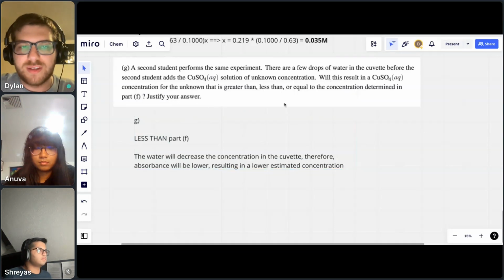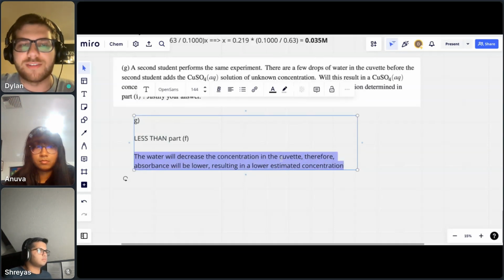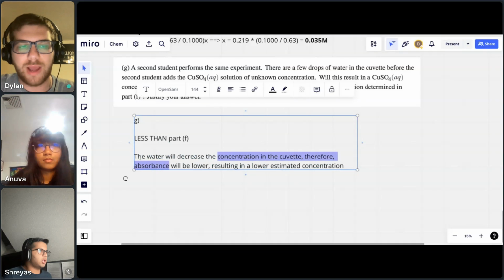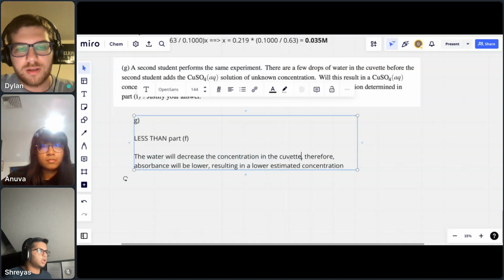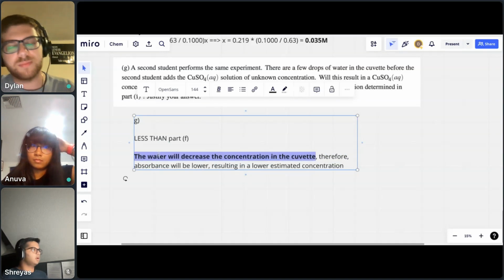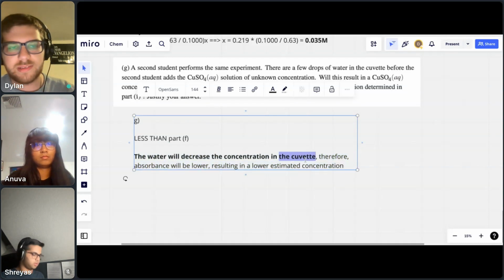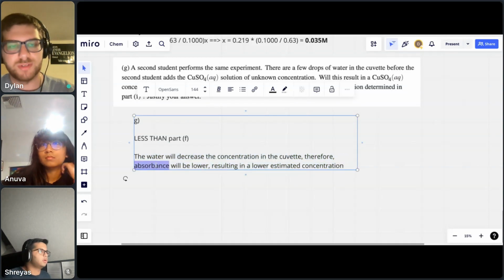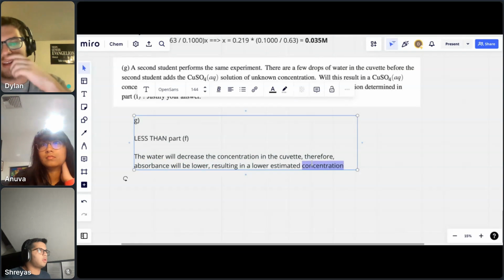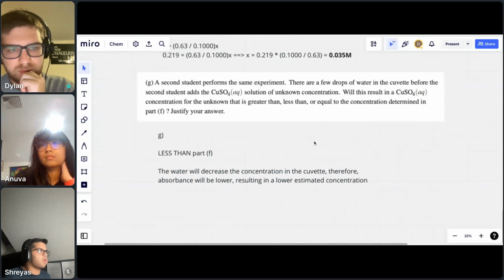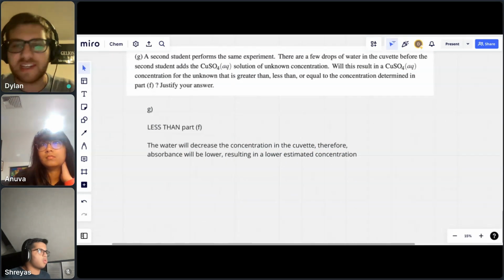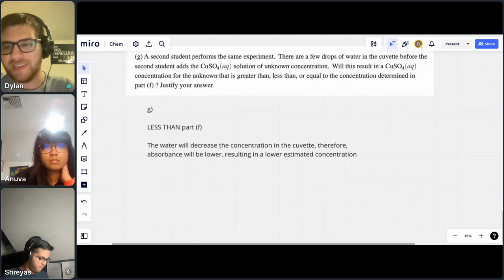And before that, they were asking for the estimated concentration, not the actual concentration. So I believe this is part of the answer, but not all of it, because you need to state that because the concentration is lower, the absorbance will be lower, which means the estimated concentration will be lower. But it's generally pretty easy. I think the less than was pretty obvious to most of us because you add water to something, the concentration goes down.